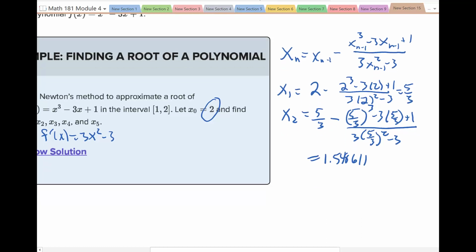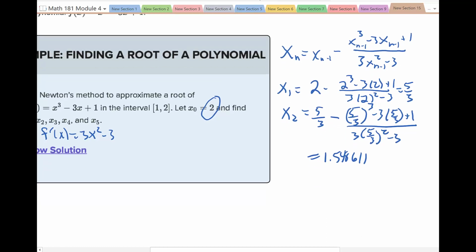1.548611. Honestly, I don't do these all by hand. I use my TI calculator, and I put this in a y equals, and then use your table to generate the next set of values.